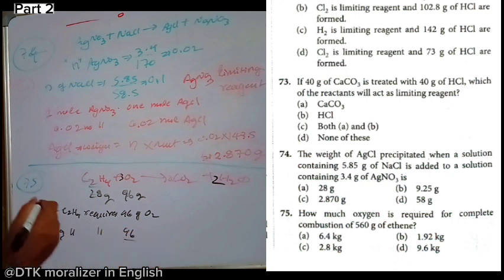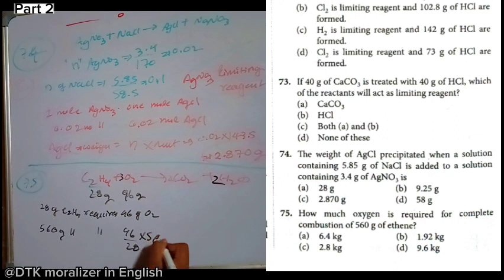For 560 grams of ethene it requires 96 by 28 into 560, which is equal to 1.9 kg. So here option B is right.